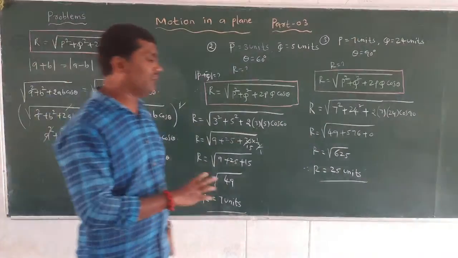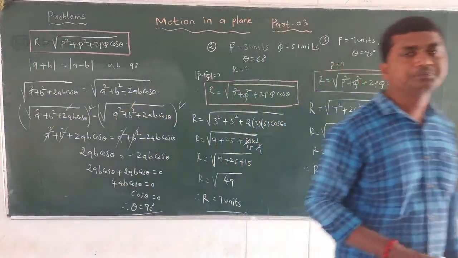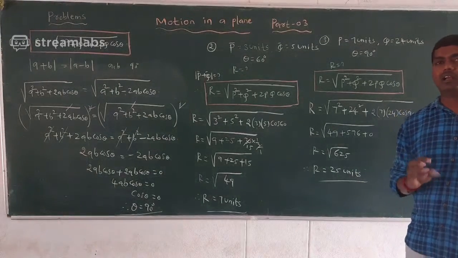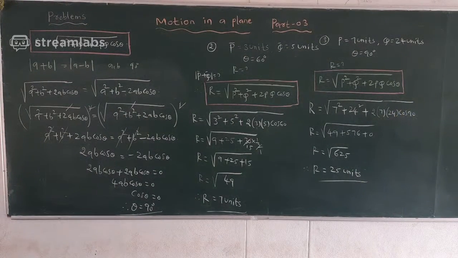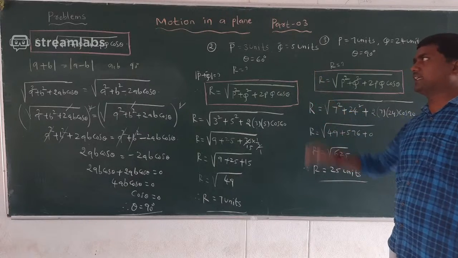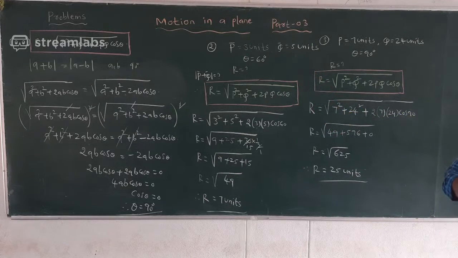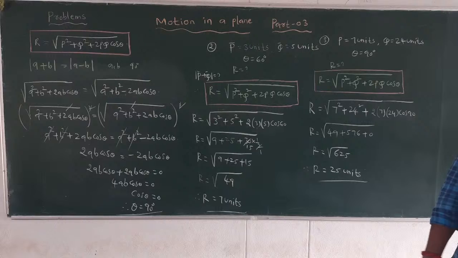So these are the 4 problems related to the parallelogram law of vectors. The first one: we take the p vector and q vector, then find the value of mod of p plus q. The second question: we take two vectors p and q, the angle between the two vectors is 60 degrees, then find the magnitude of the resultant vector.